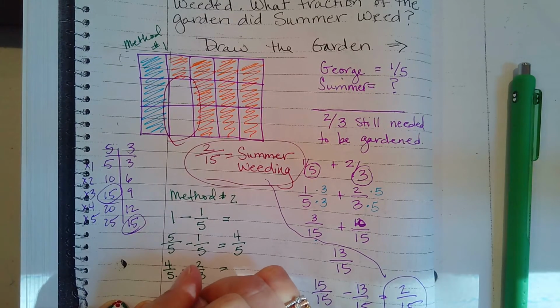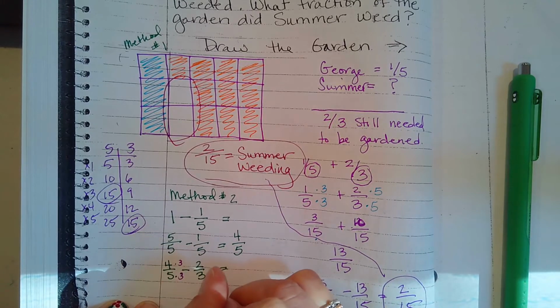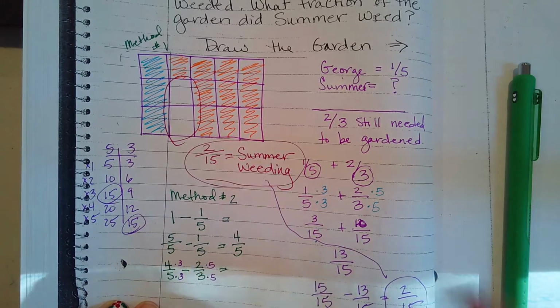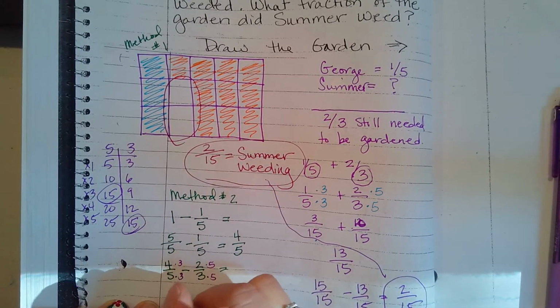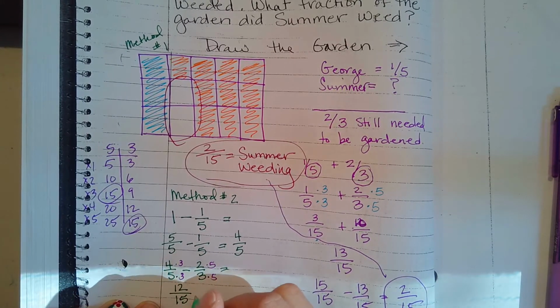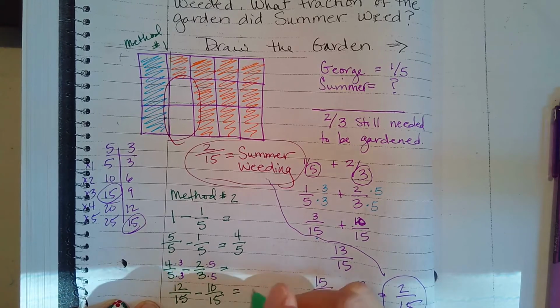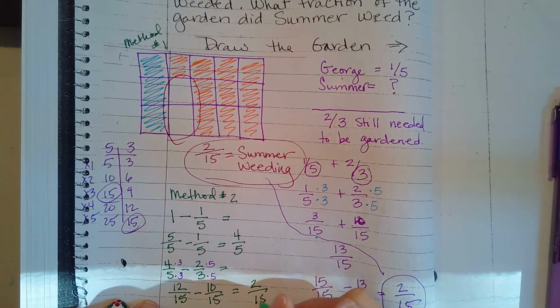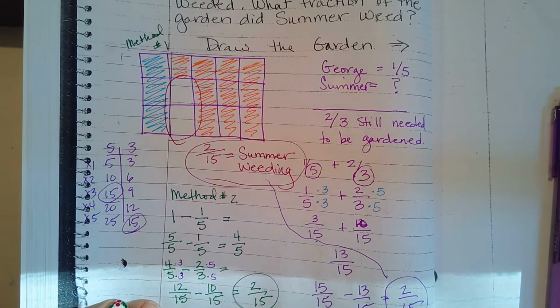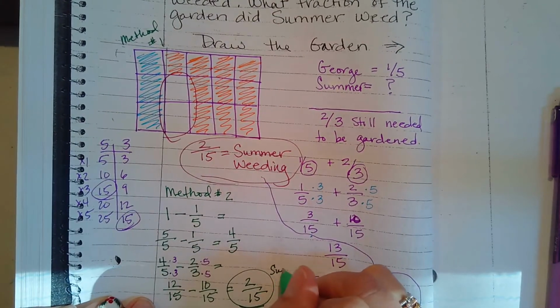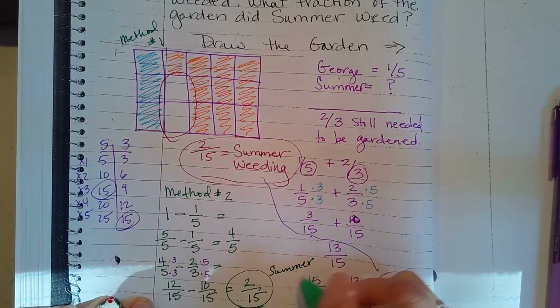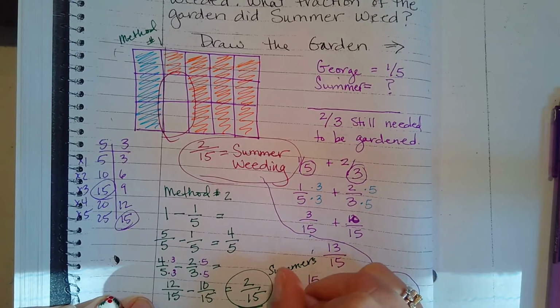So we're going to multiply this by 3, multiply this by 5. We're going to end up with 12/15 subtract 10/15, and what does that give us? 2/15. That is Summer's contribution. Summer's weeding.